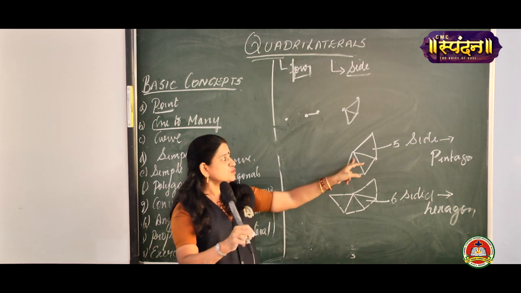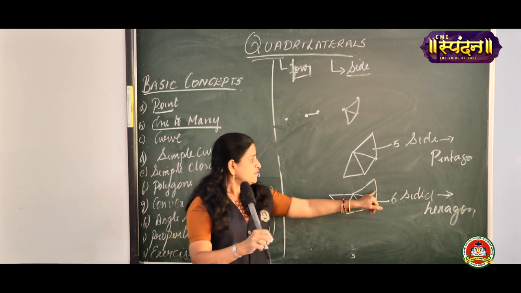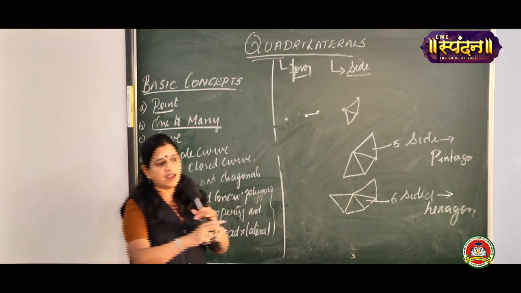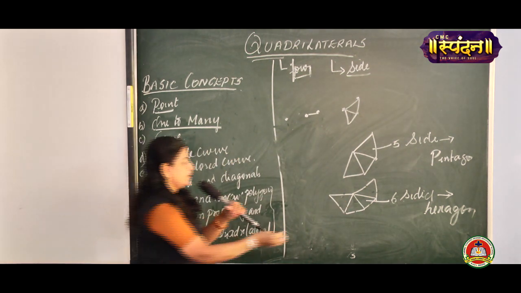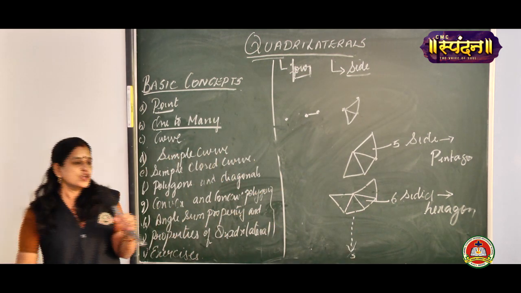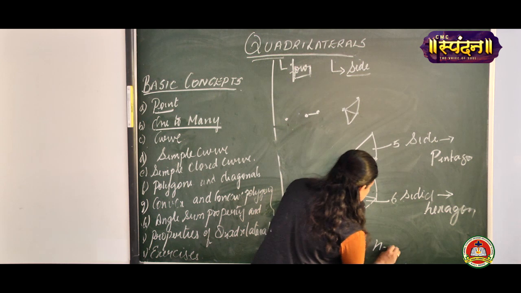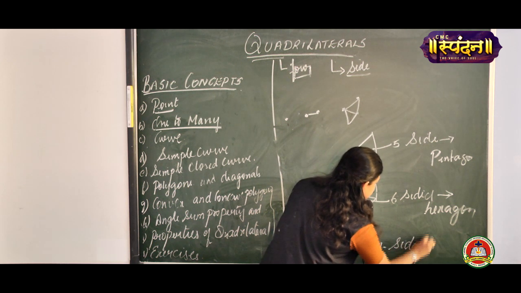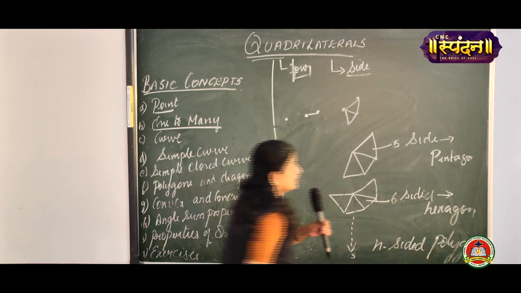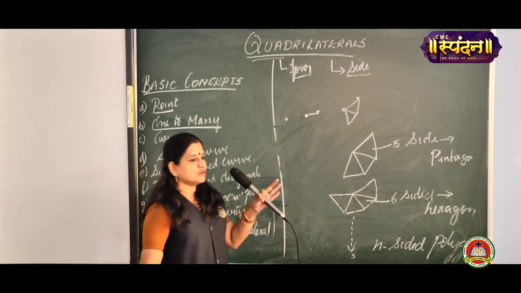When you increase 2 triangles, you get a pentagon. When you increase 3 triangles, you get a 6-sided figure, that is a hexagon. In this way, as the triangles go on increasing, you will get an n-sided polygon. N-sided polygon. Have you understood this concept?